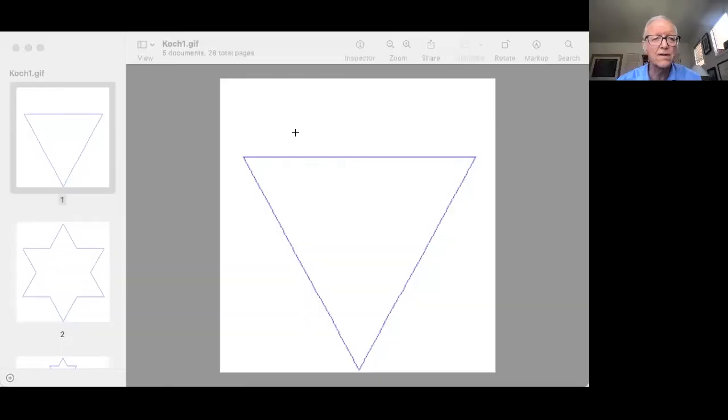The simplest fractals that we can think of are probably the Koch snowflake. Let me make sure that I have the Koch snowflake here. Yes.